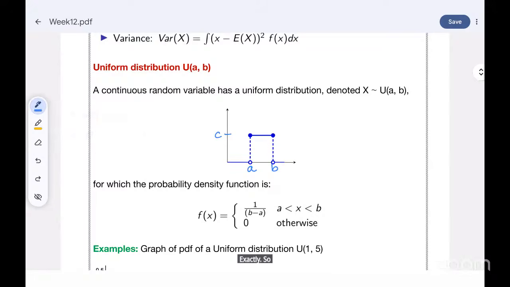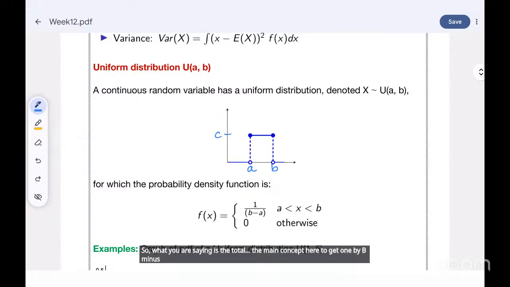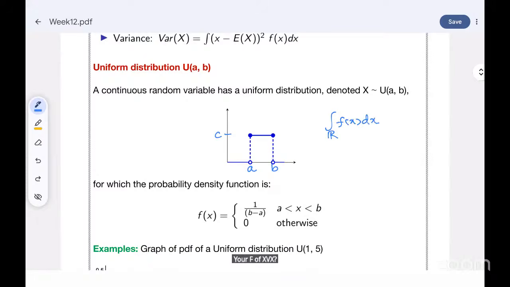Exactly. So what you are saying is the main concept here to get 1 by b minus a. What we know is that over R, the integral of f of x dx should be 1. And we know that over the interval a comma b, it has some value c, and outside of that it is 0. So only here it takes some value.